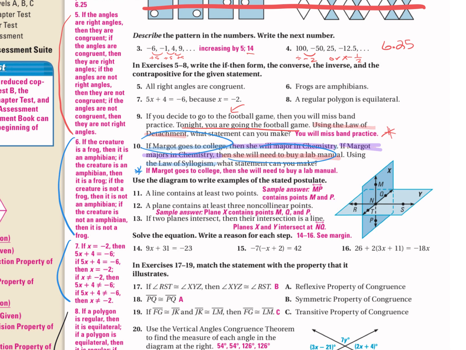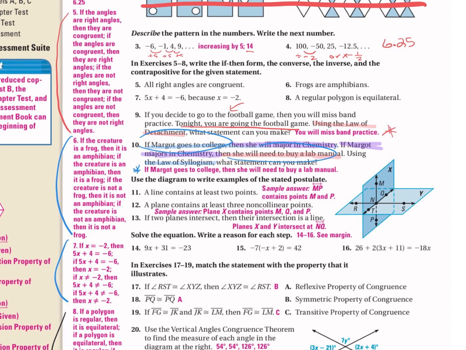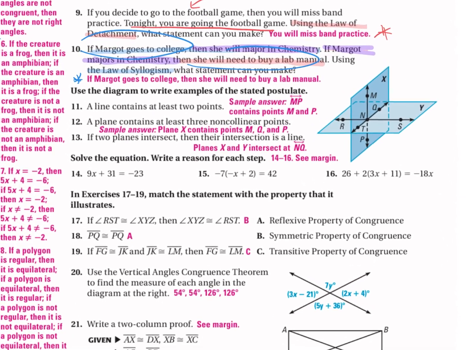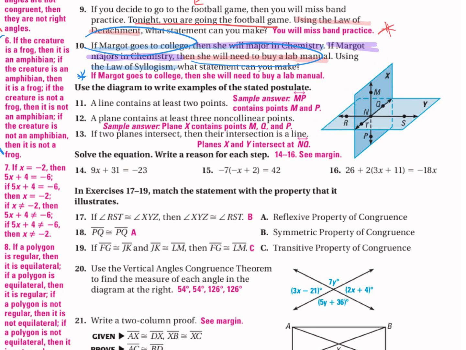For number 11, 12, and 13, we're using the diagram, and we need to apply what the postulate states. So there's more than one answer on these. Notice the answers say sample answer. So it says a line contains at least 2 points. So the example they gave was MP. So line MP contains 2 points.